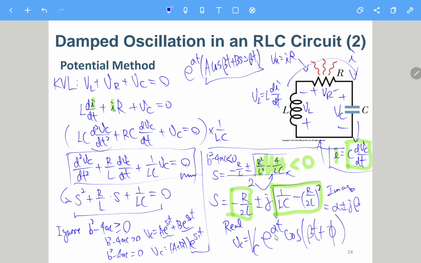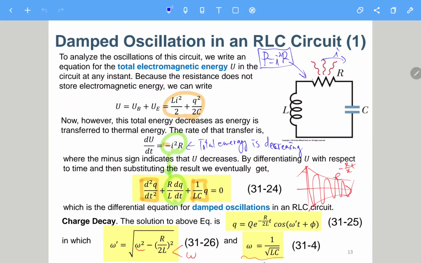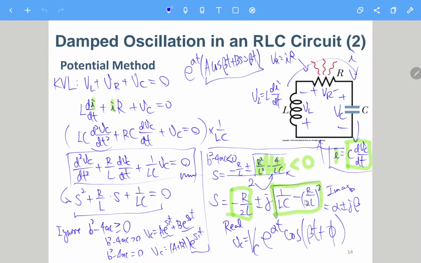So alpha is actually negative R over 2L, and this beta is the omega prime in front. So we have square root of 1 over LC minus R over 2L quantity squared.